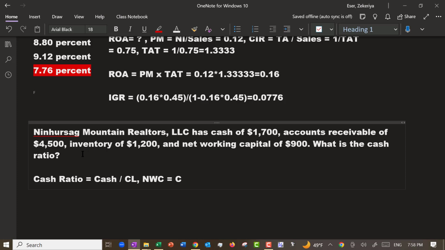Net working capital is, by definition, current assets minus current liabilities, which implies current liabilities is equal to, that's my mental arithmetic, current assets minus net working capital. I already know net working capital. All I have to do is figure out what current assets are. Well, in this case, current assets are cash plus accounts receivable plus inventory in this problem, since we don't have other current assets.